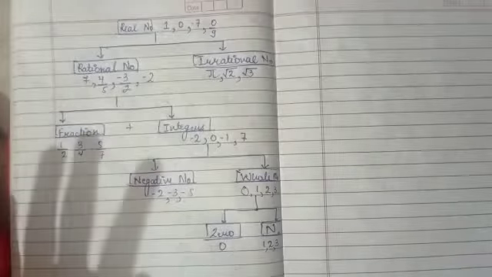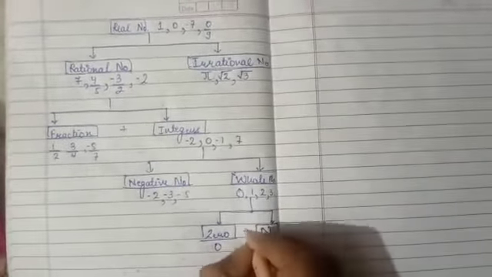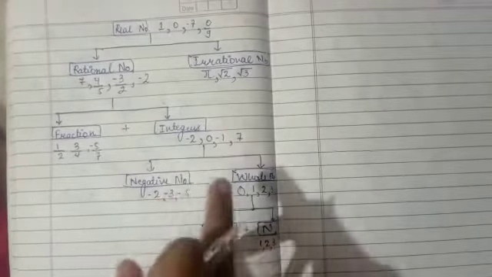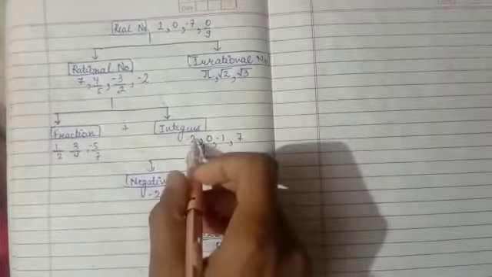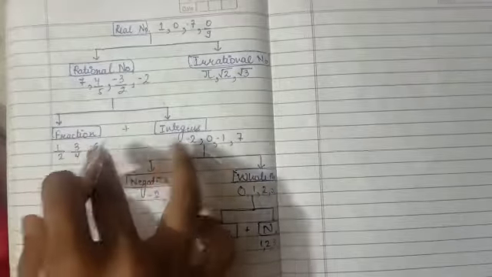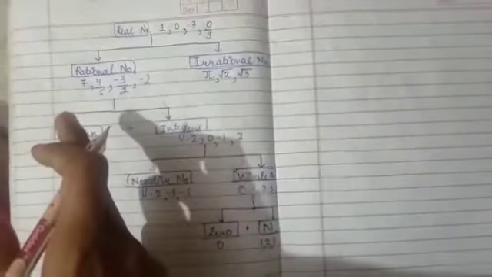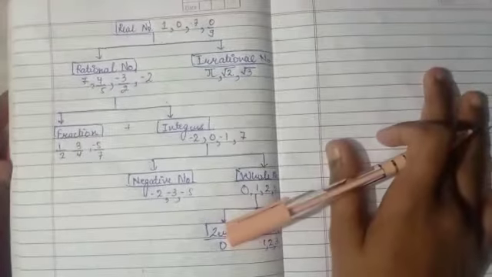So again let's recall: natural numbers plus 0 give whole numbers, whole numbers plus negative numbers give integers, integers and fractions give rational numbers, and rational and irrational numbers together become the king, real numbers.